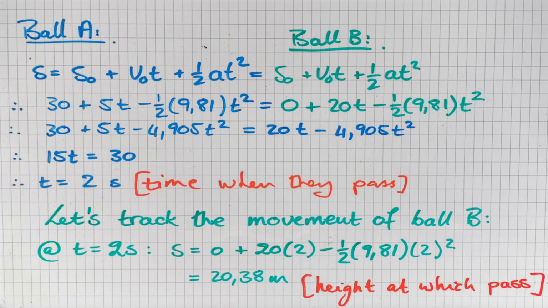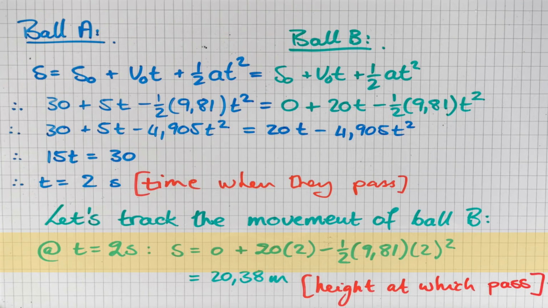So you can take any one of the two position equations, either for ball A or for ball B, and just remember that ball A is measured from the top of the building and ball B is measured from the ground. We want to know the height, so we want to measure it from the ground. So I'm just going to plug it directly into the equation for position for ball B. And at t equals 2 seconds, we can say the position of ball B is S0, so that's 0, plus V0t, V0 is 20, t we've just found is 2 seconds, minus a half, gravitational acceleration, multiplied by t squared.